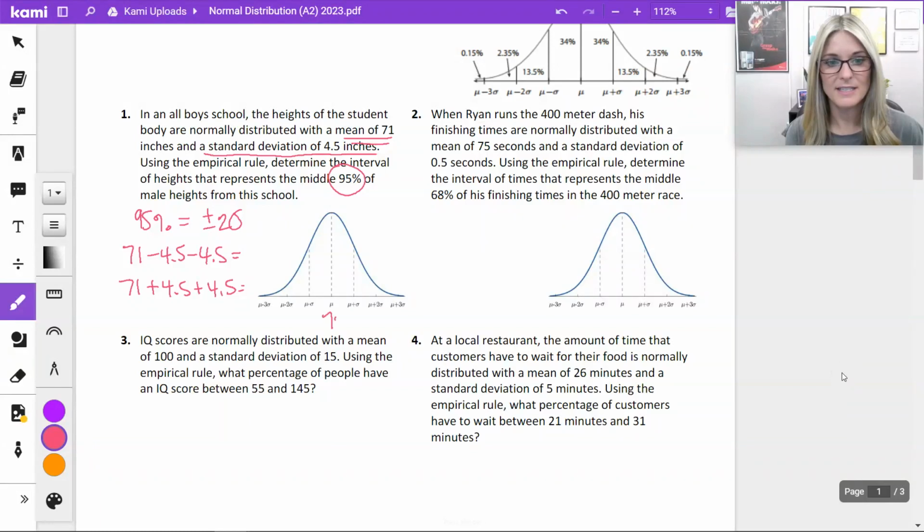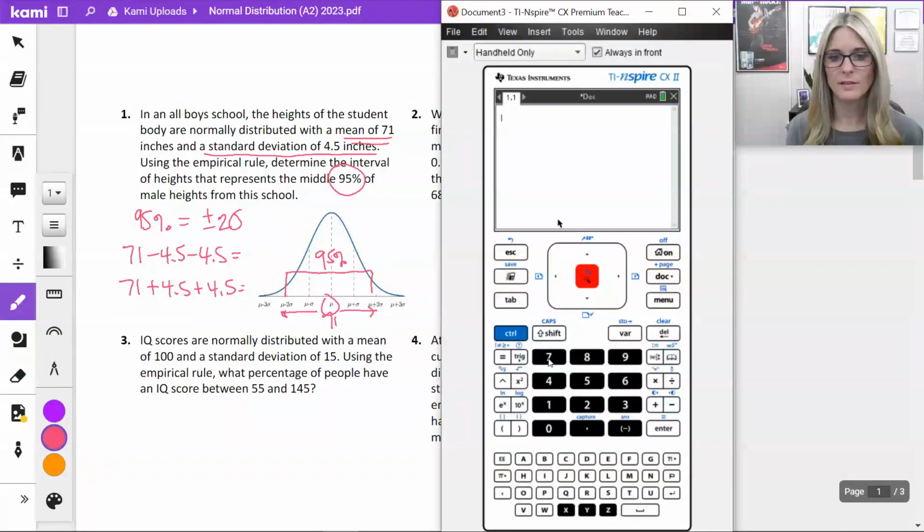And so my mean is 71. Just going to use this image here. We're looking for that middle 95%, two standard deviations below and two standard deviations above. So 71 minus 4.5 minus another standard deviation, 4.5, my low end is going to be 62.